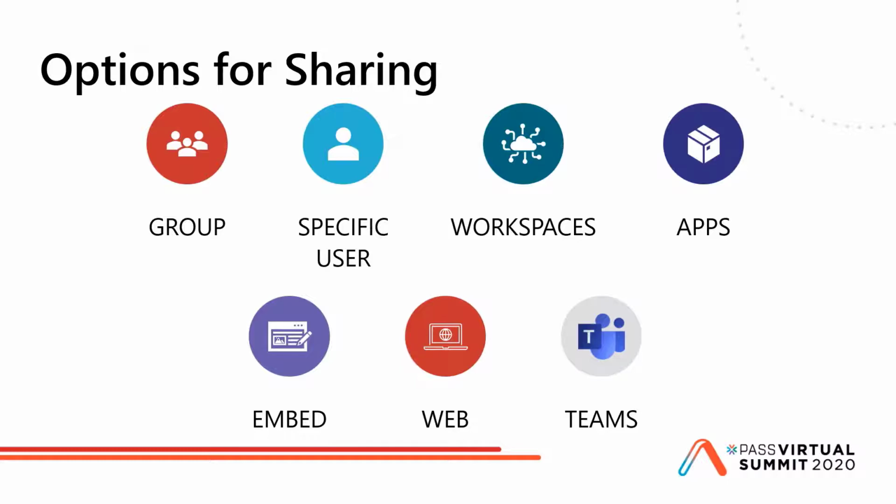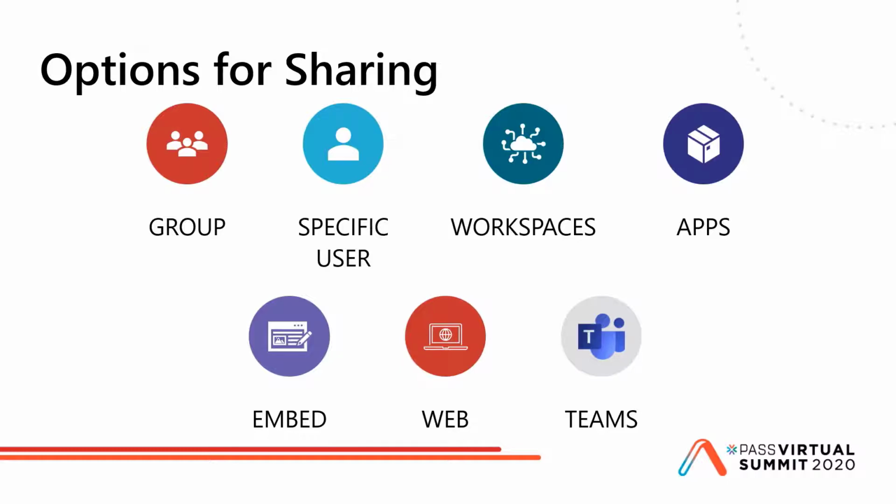You might notice that there's one item missing that a lot of people start off with when they're sharing, and that's sharing directly the PBIX file. A PBIX file is the file type of Power BI Desktop. When you save your report locally as you're working, and you want to make sure that it's saved as you're working on it and developing those reports.